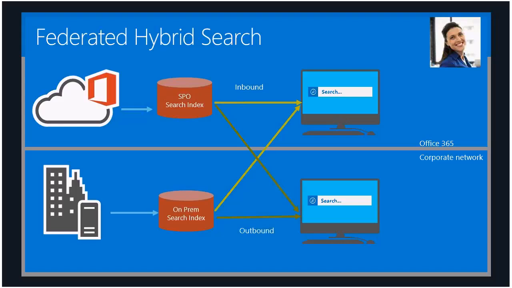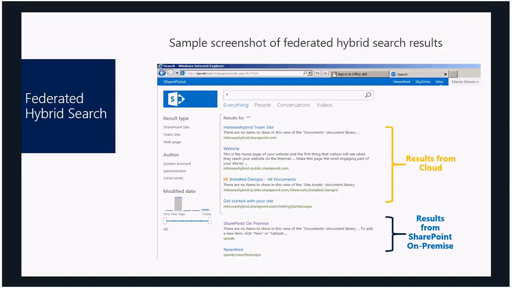So this is exactly the federated hybrid search. So you can get an experience like this. If the user types something, you can get the result from the cloud or the result from SharePoint on-premise here.